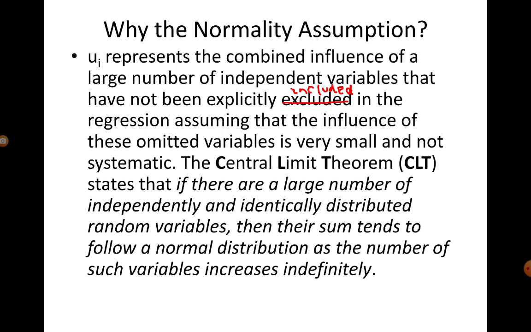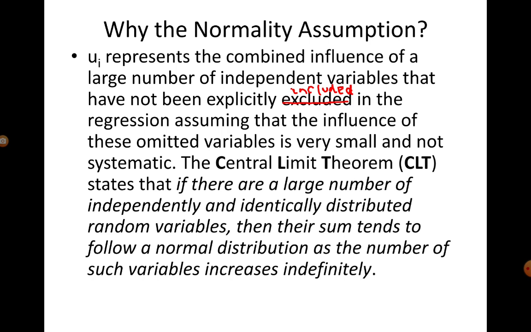Now we use the central limit theorem, it's called the CLT. According to this, if there are a large number of independently and identically distributed random variables, then the sum of these variables will tend to follow a normal distribution, right? Especially as the number of these variables increases indefinitely. In mathematics, we are talking in terms of the limit of the number of variables tending towards infinity.